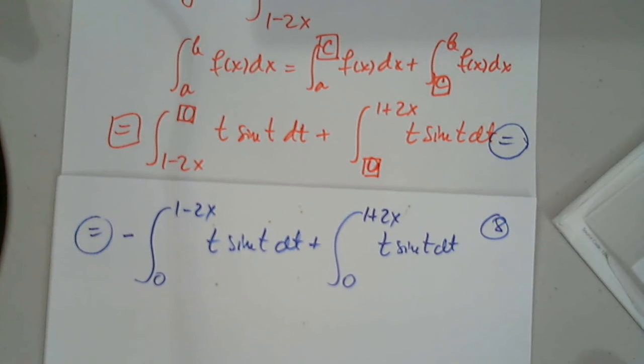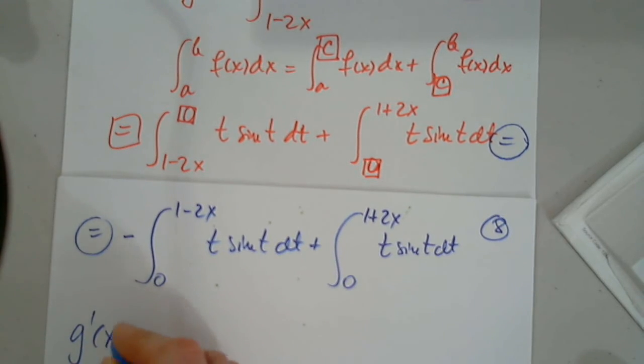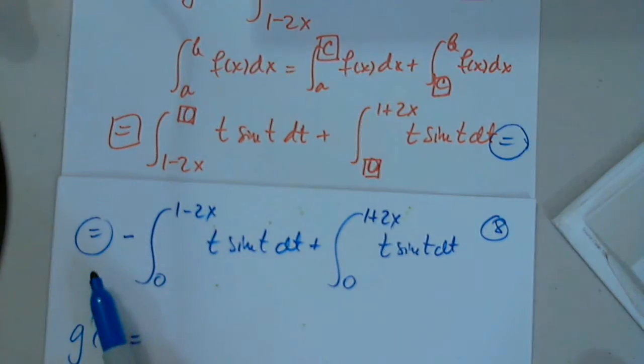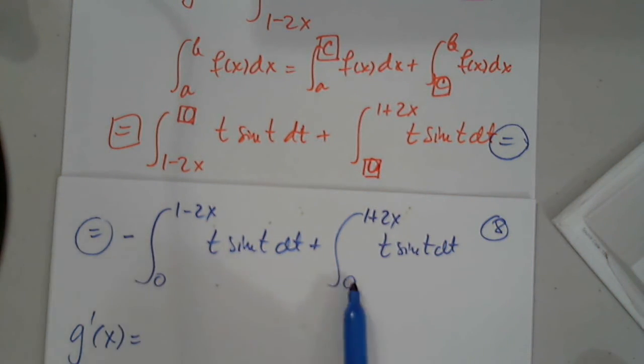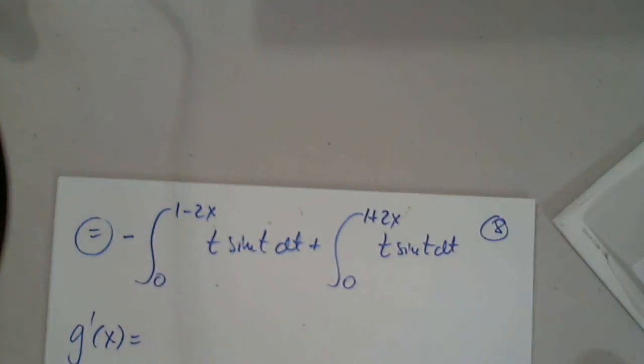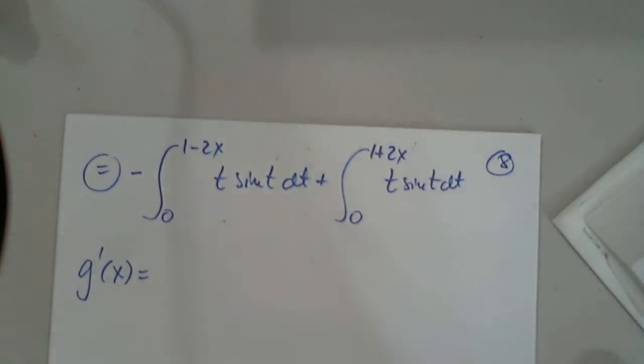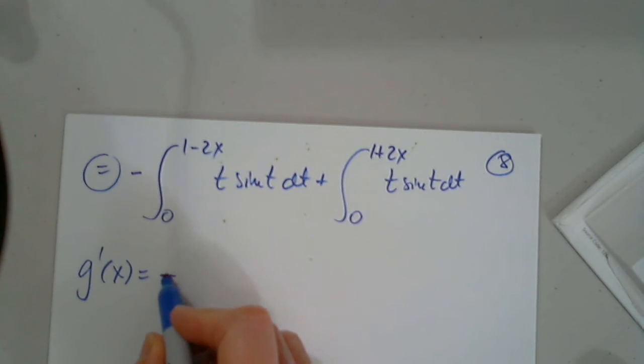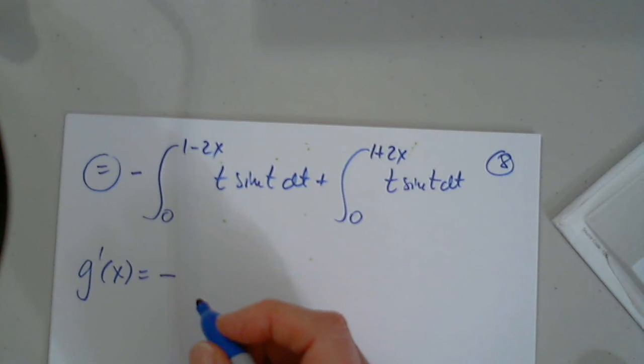Now it is ready. So now I can differentiate both sides. I can differentiate g of x and I can differentiate this. Both integrals are ready for differentiation. They are functions in the form of an integral. So how do we write the first one? Sarah?